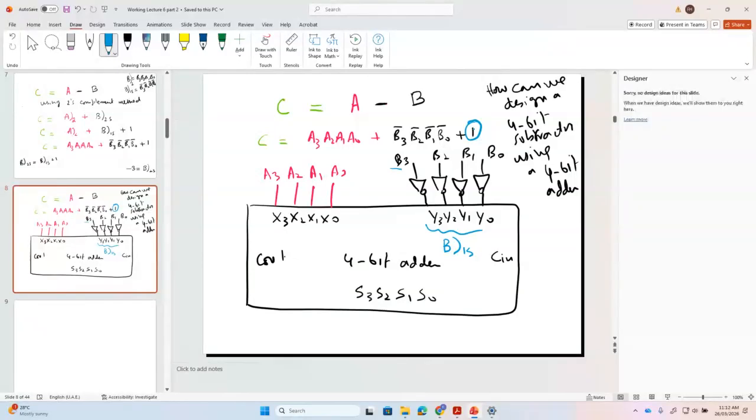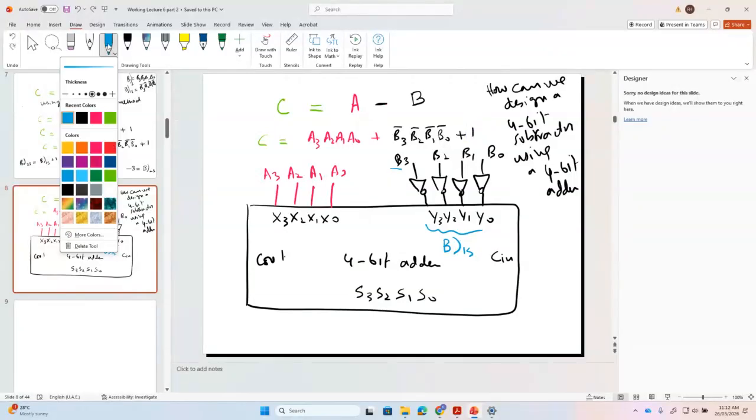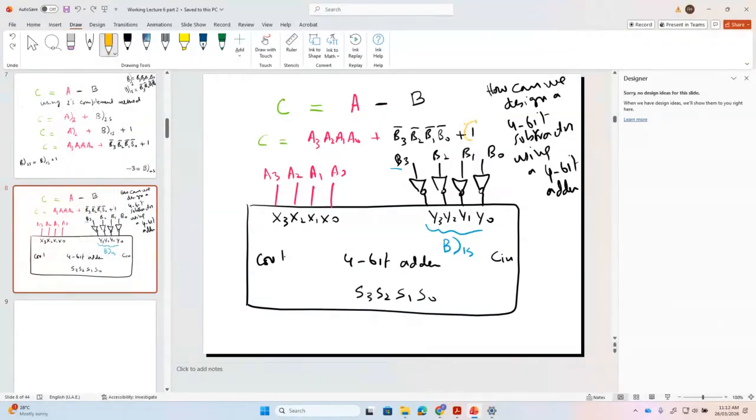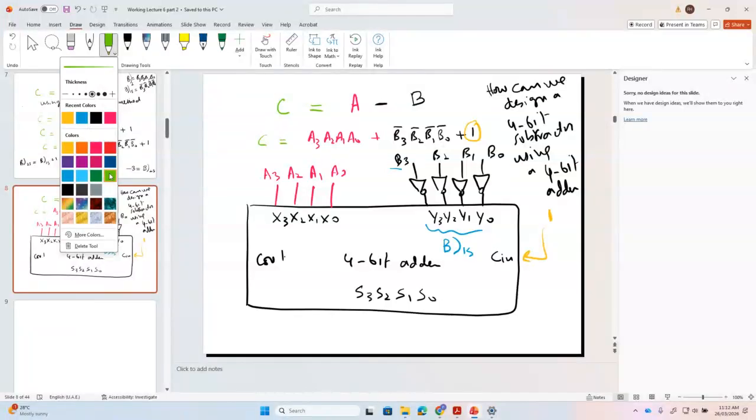Put it in C in. So C in is now one. Now we have the output C, which is 4 bits. So where should C0 go?